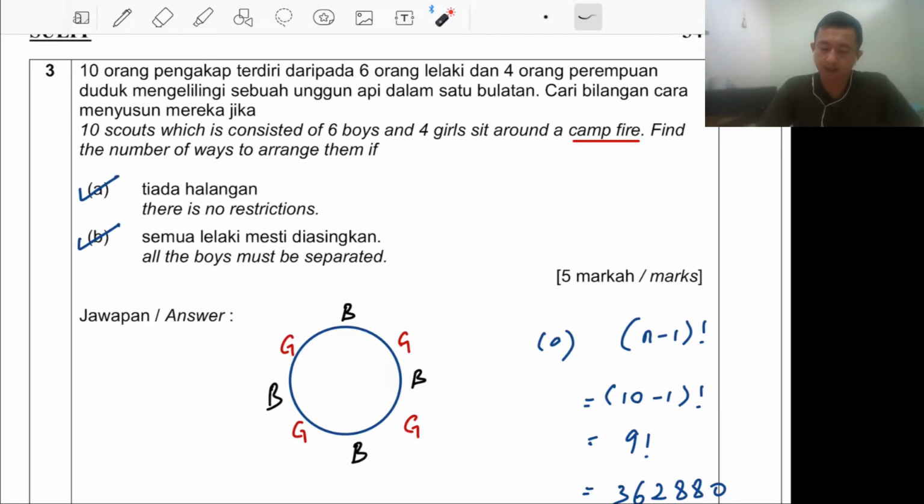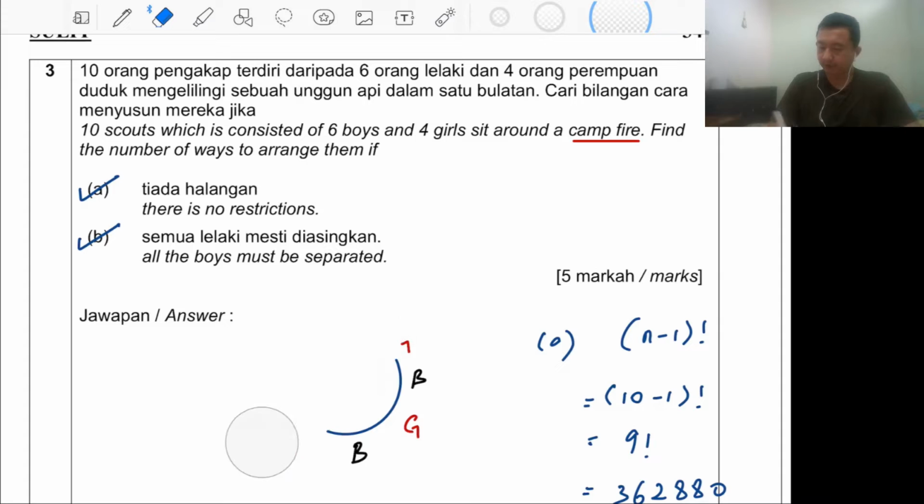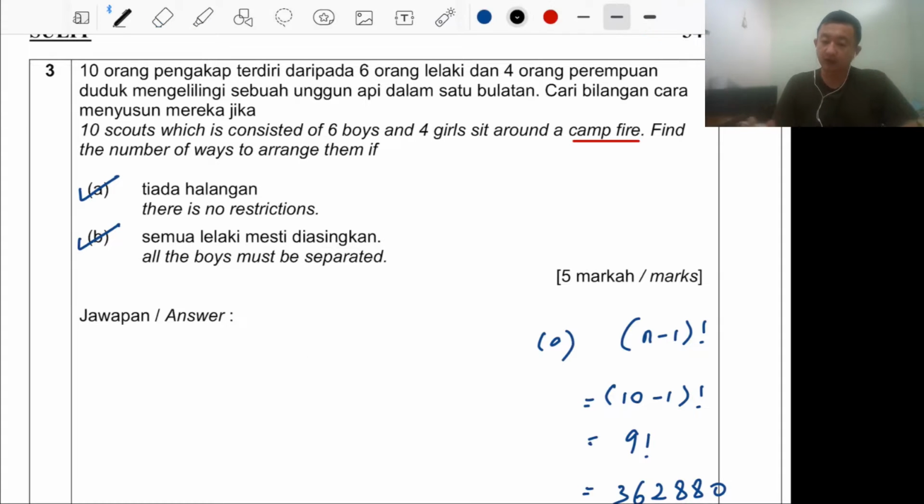Okay. I think that's not how it was meant. Let me change the question a bit. I think what it meant is: find the number of ways to arrange them if all the boys cannot sit together.